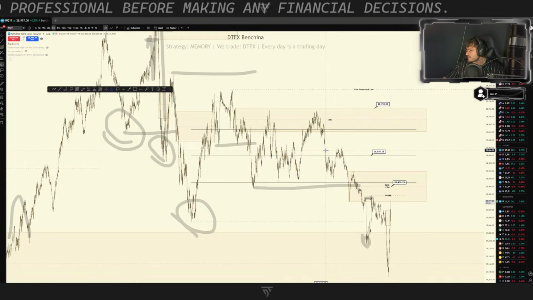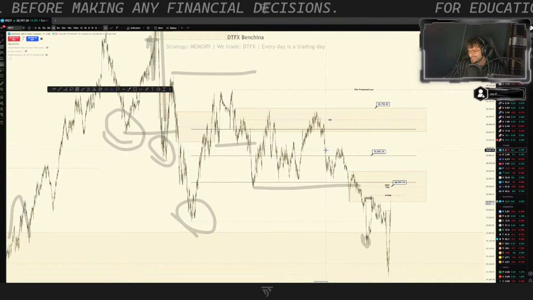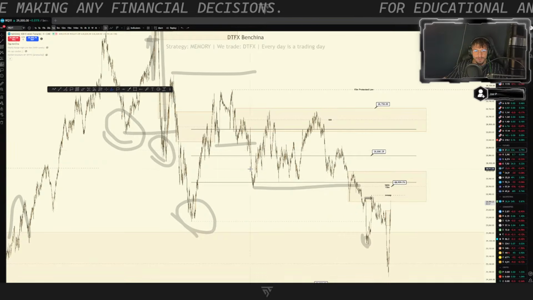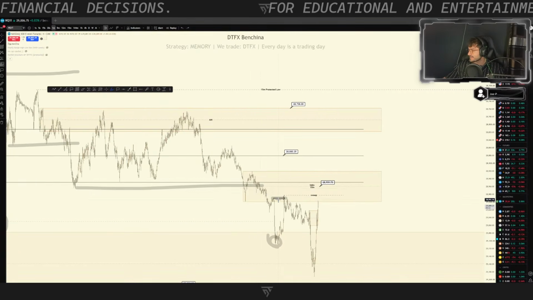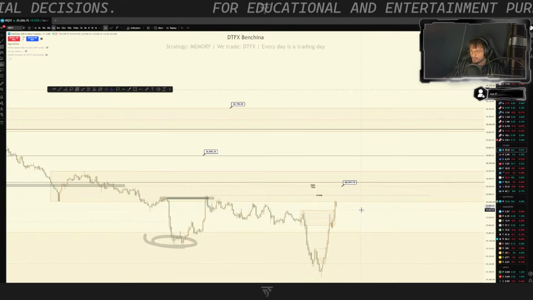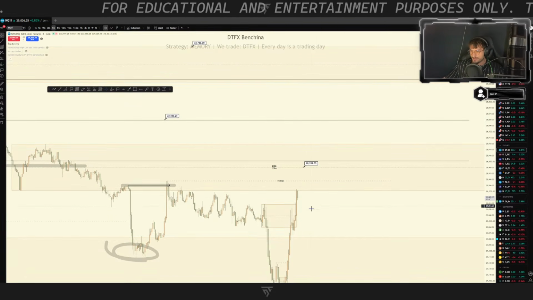Imagine forgetting and you go long instead of short, your 30 win rate becomes 70. Yeah, careful. Ooh, I see. Thank you, RC. We got a green down candle.